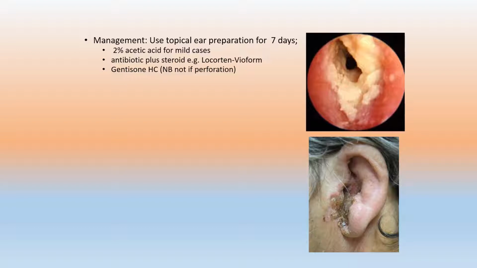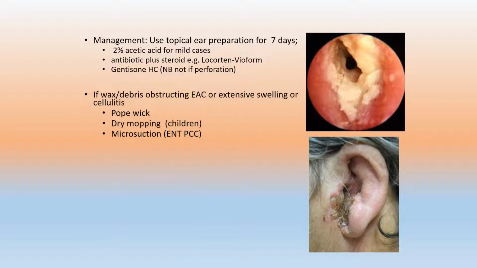Not if perforated, not if there is a perforation. If wax debris is obstructing the external auditory canal, or there is extensive swelling or cellulitis, use a Pope wick, dry mopping in children, microsuction, ENT, PCC.